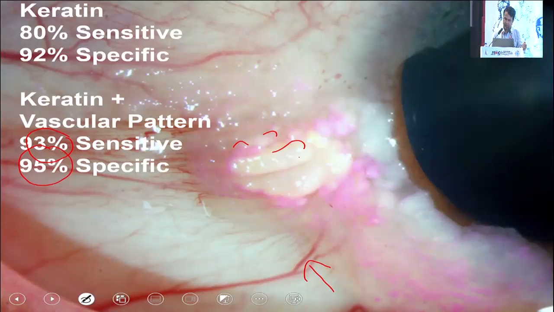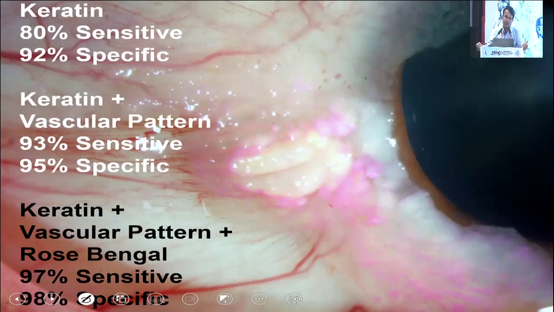If you're still confused, instill a drop or just use a rose bengal strip and stain the conjunctiva with rose bengal. If there is rose bengal staining of the lesion, all these pink areas stained with rose bengal, then your diagnostic sensitivity and specificity are extremely high. You're as good as the gold standard, that is histopathology.